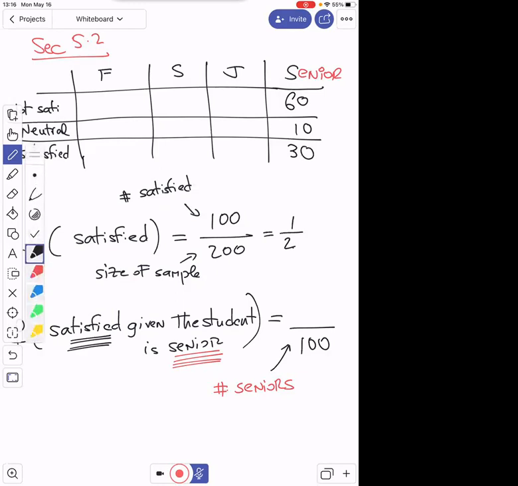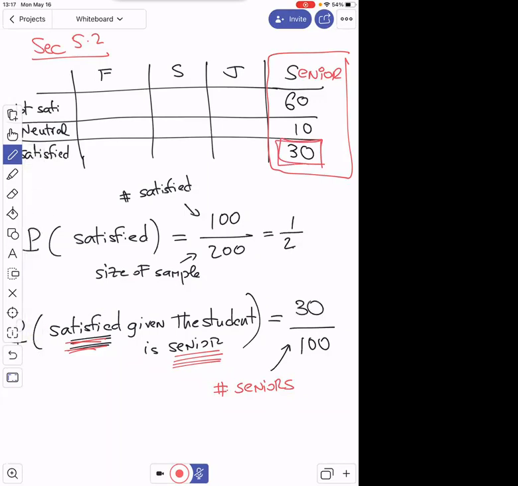Because it's given that the student is a senior, we know that, so we're going to focus only on senior students. So how many are satisfied among the seniors? Well, it's 30. So in the top, that will be 30. So this is the number of satisfied, not just satisfied, but satisfied seniors.